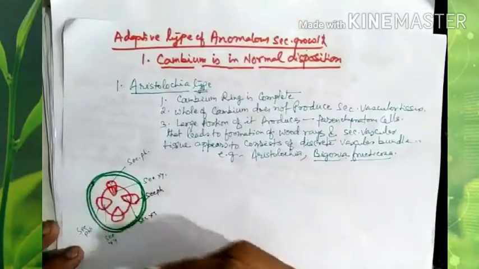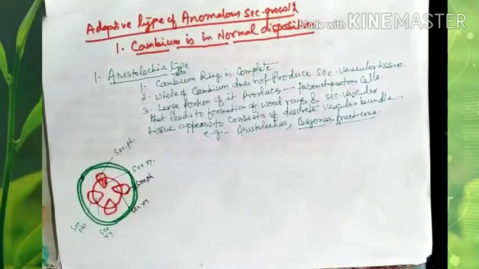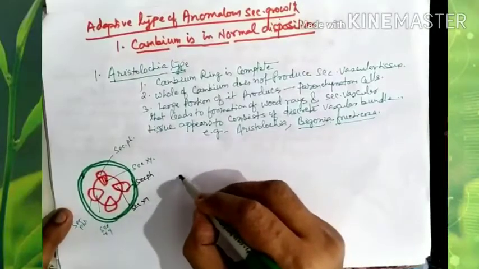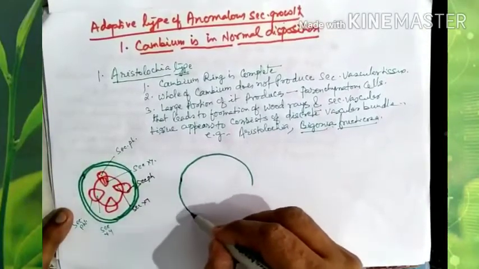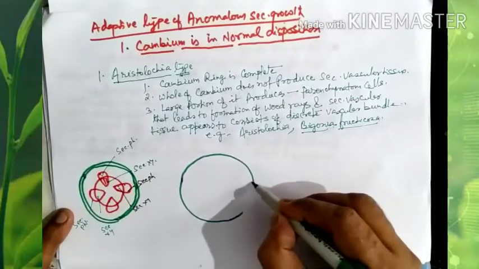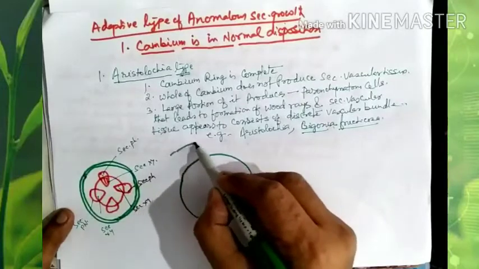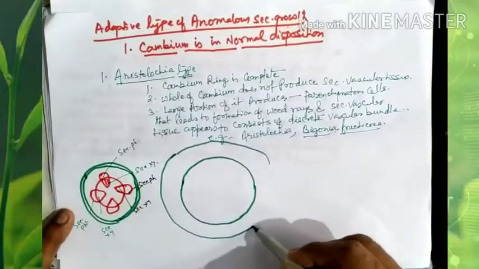But what happens in the case of Aristolochia, when the cambial activity starts? This is the cambial ring, this is the endodermis here.